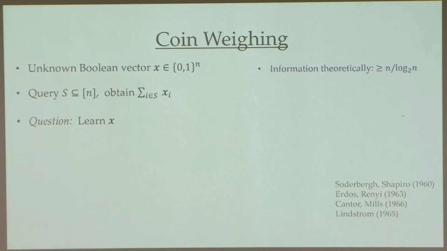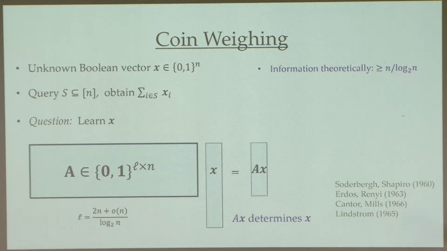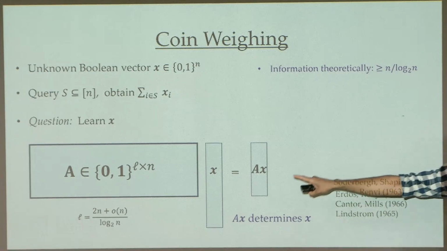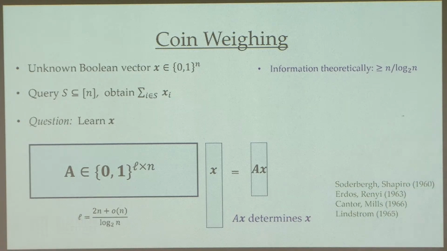Right. So maybe the main thing to take away is that you can actually get an n over log n upper bound. In fact, you can do it non-adaptively. There is a roughly 2n divided by log n by n, 0-1 matrix A, so that if you hit that matrix with X and get AX, using just AX, you can recover X. So you can make 2n over log n weighings.